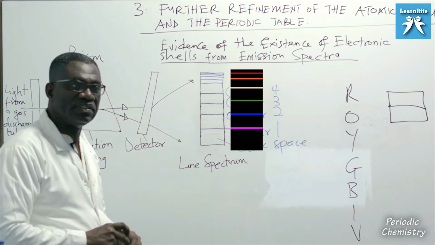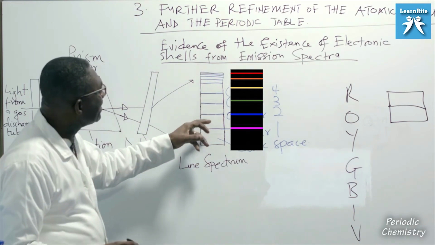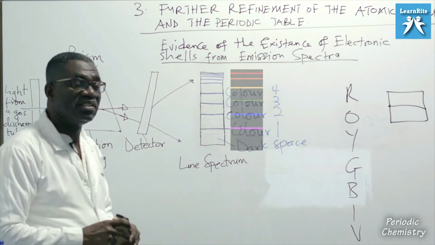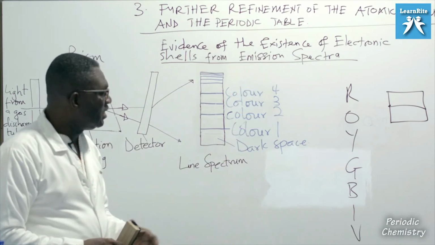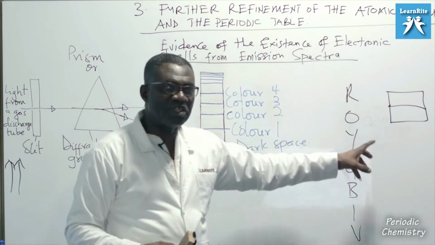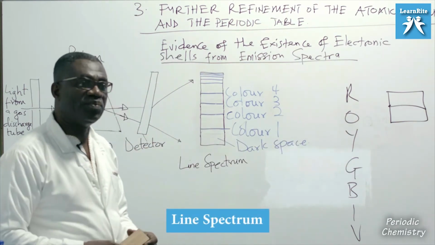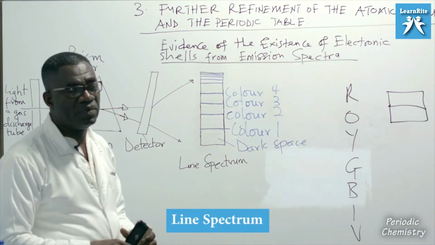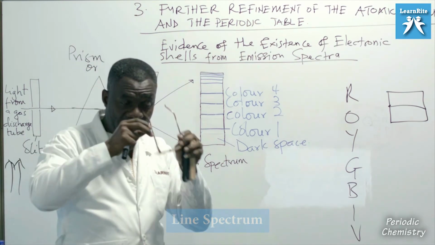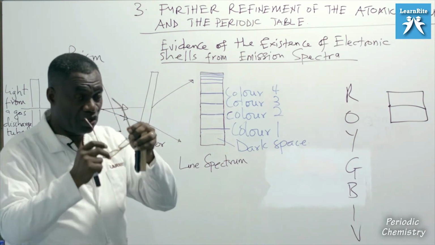You see dark spaces. So this spectrum of colors of light that we see in science, we don't call it a continuous spectrum, but we call it a line spectrum. So there's a difference between a continuous spectrum and a line spectrum.